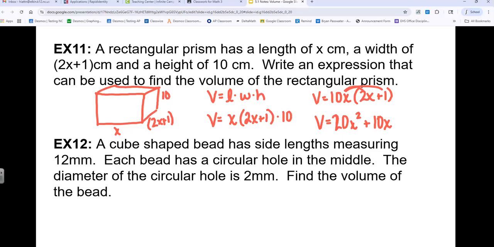Okay, so in this case, I've got a cube here, but in this cube there is a hole that goes down through the middle of this bead, right? So what should I do if I want to find the volume of that bead? What's the process there?